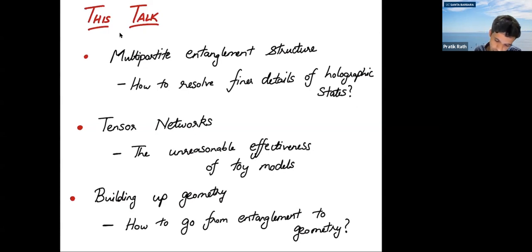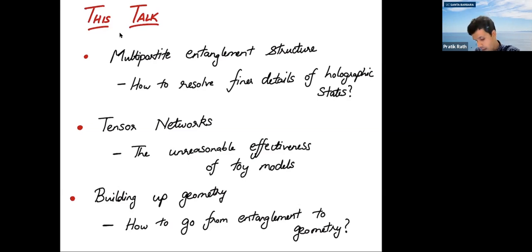But what I'd like to emphasize is that these toy models are actually unreasonably effective. They actually capture a lot of the non-perturbative features of the gravity path integral, which are rather surprising.